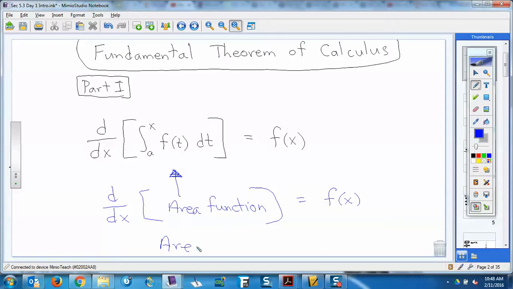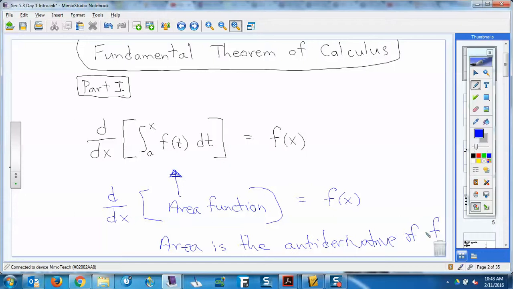So this is saying that area is the antiderivative of little f, right? That's what fundamental theorem part 1 is saying in a nutshell. So if you want to write that down, or maybe you did yesterday, that is essentially saying that the area function is the antiderivative, okay?